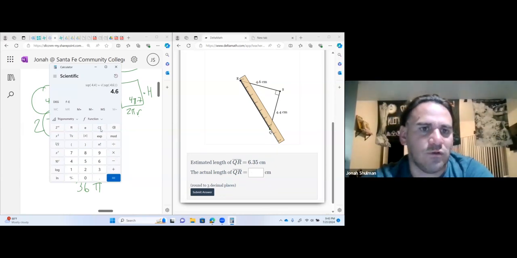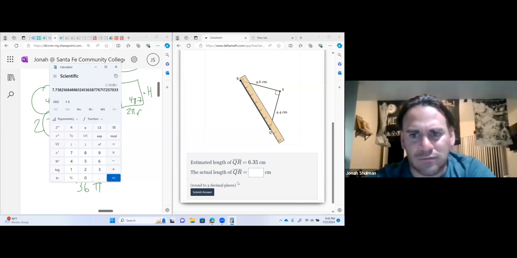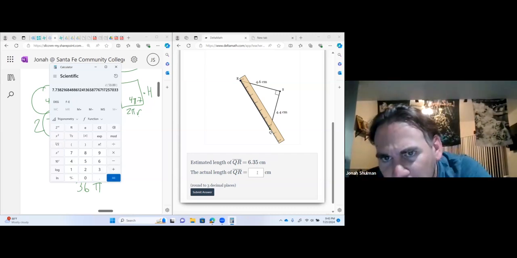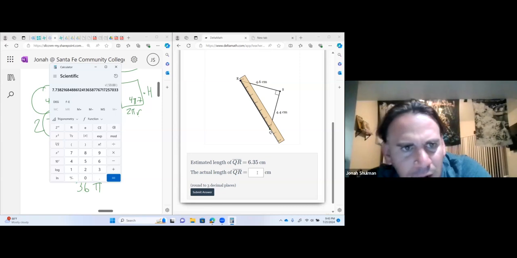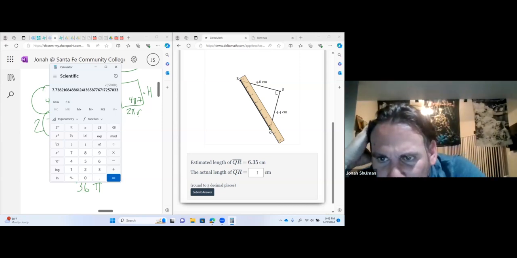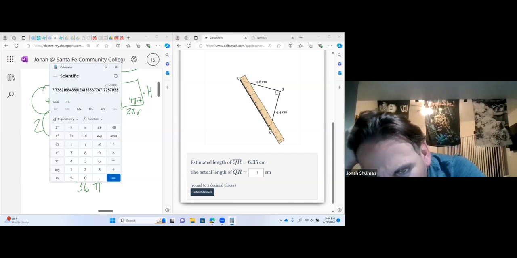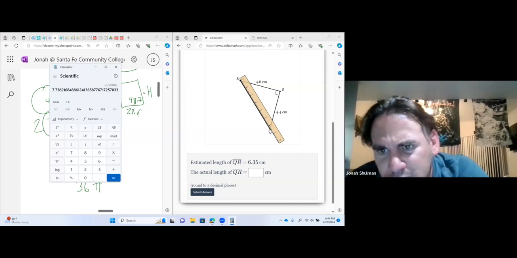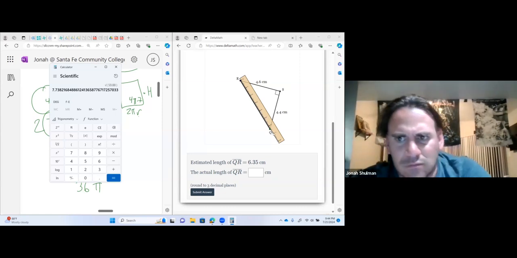That's why it got wrong the other time. So 4.4 squared plus 4.6 squared equals, then we square root it. How am I so off? The length of QR, 1, 2, 3, 4, 5, 6, and a little bit.